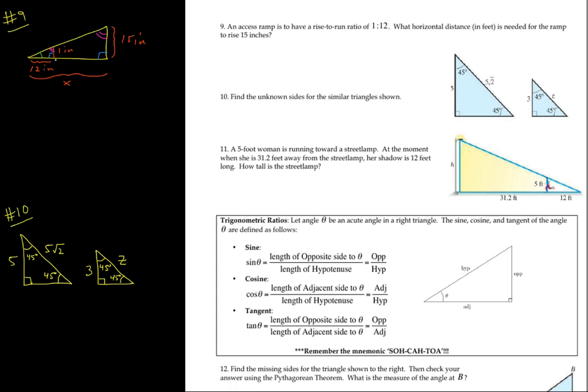So these are similar triangles, and one way to proceed here is to just set up a proportion. If I look at this small triangle, I have a ratio of 12 for the base to 1 for the height. So that would give us a ratio of 12 to 1. That then must be the same ratio as what we see for our access ramp.